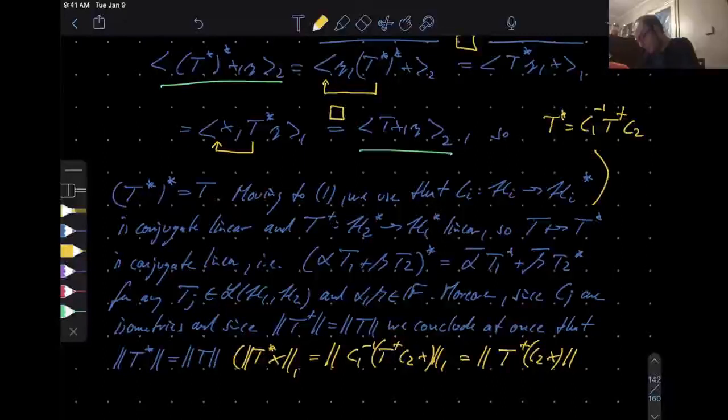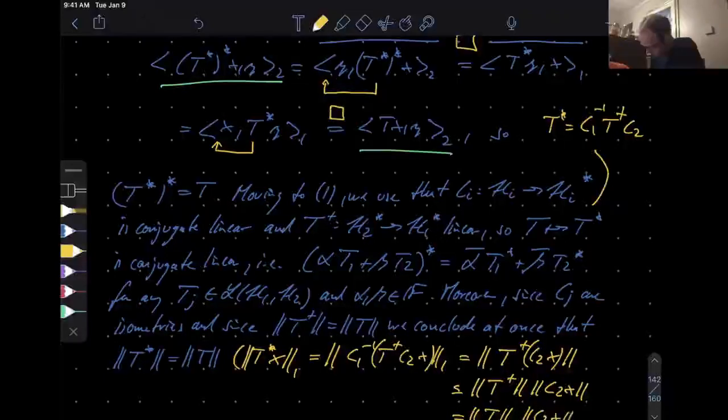What you can do is prove that this is good, and at this point you could bound this by T transposed, the C2 of x, for instance. Then you can optimize. Then you would use in the second case that this is C2 of x. Then you optimize, you get the inequality that the operator norm of the adjoint cannot exceed the operator norm of T, and then you can reverse this logic, right?